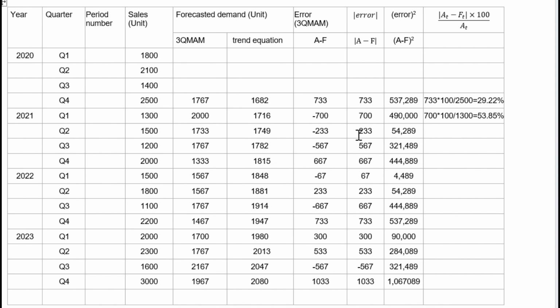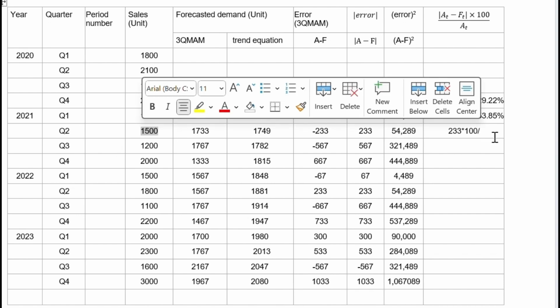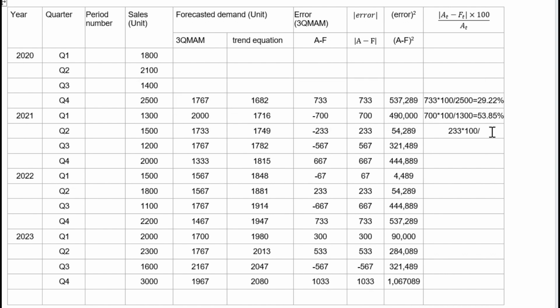For the next period, it is 233 times 100 divided by the actual sales for this period, 1,500, and this is equal to 15.53%.